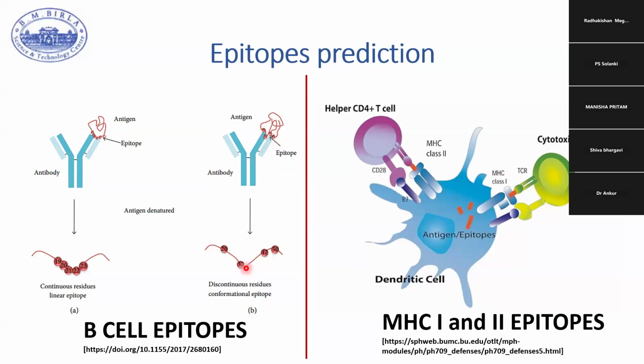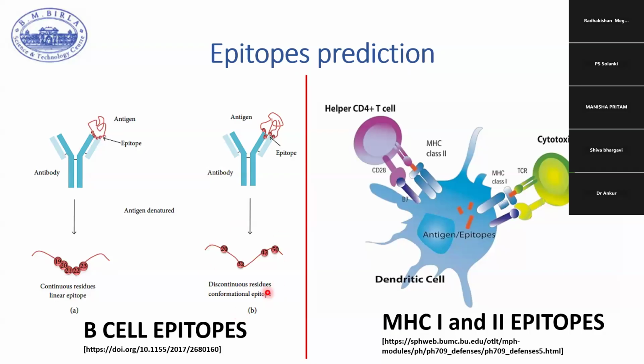If you see here, 20, 32, 47, 50, these are the amino acid residues of this particular antigen that are interacting with this antibody. So in this case, we say this is a discontinuous B cell epitope. So this is clear: what is a linear B cell epitope and what is a discontinuous epitope. Every time we predict a B cell epitope, it could be linear or it could be discontinuous.